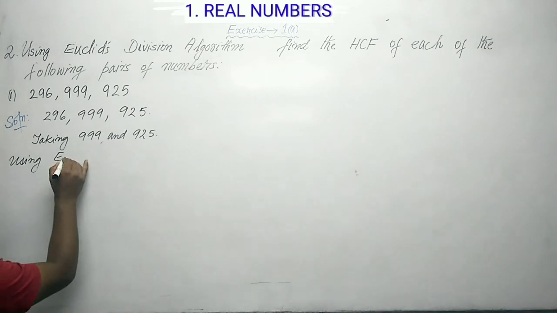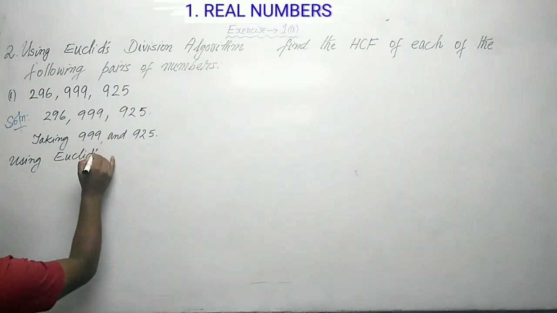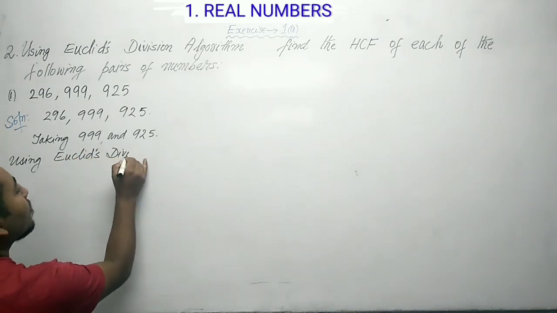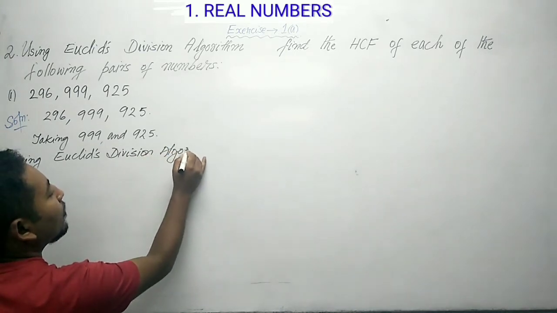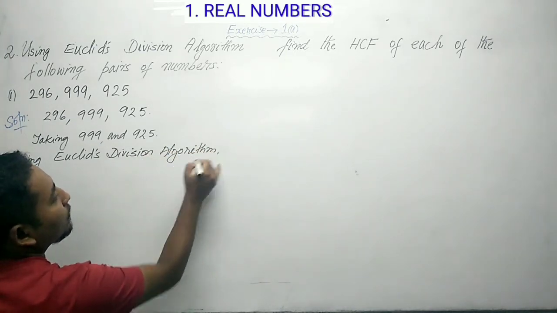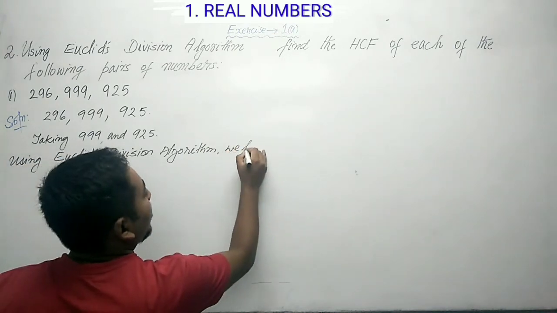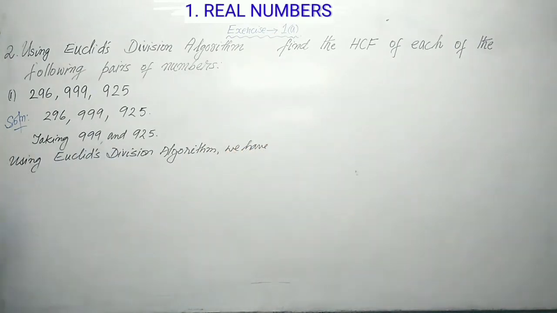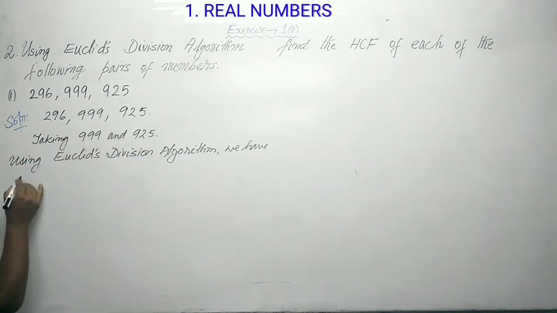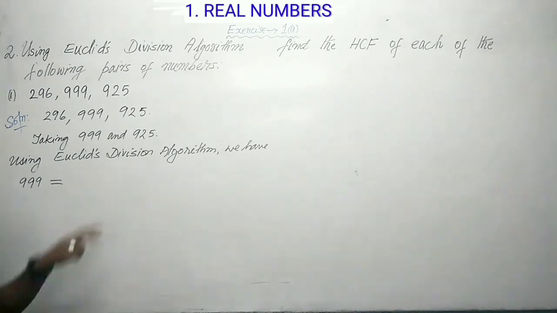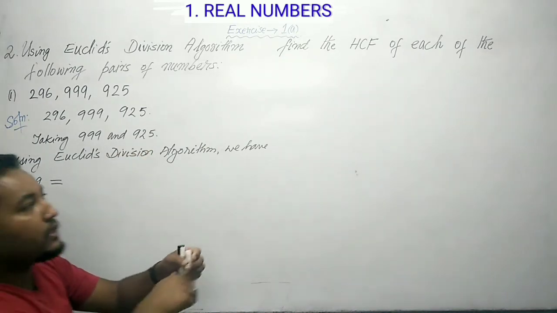Using Euclid's division algorithm, we have, between these 2 numbers, which is bigger? 999. So divide 999 by 925. Let us divide here.